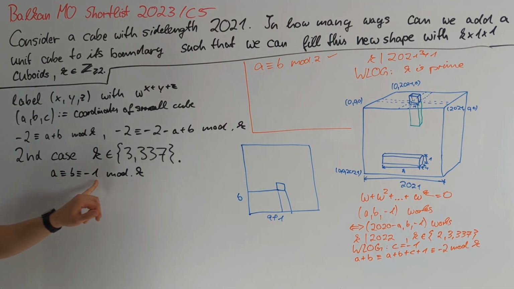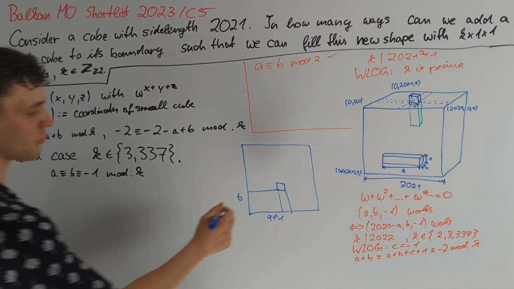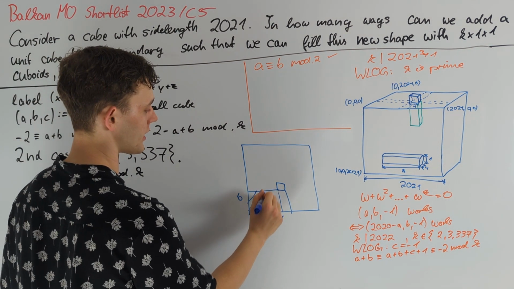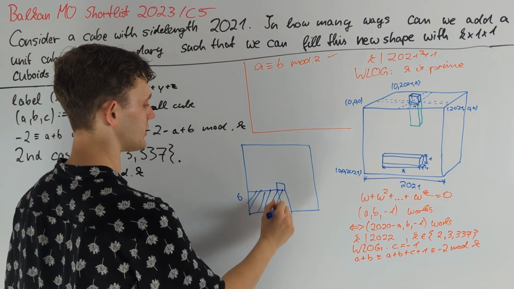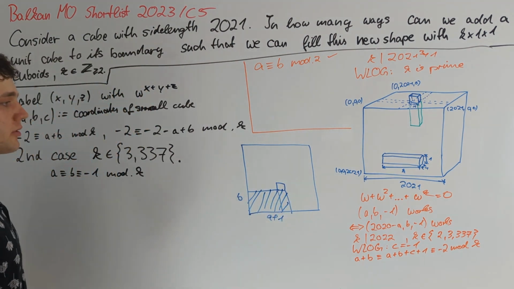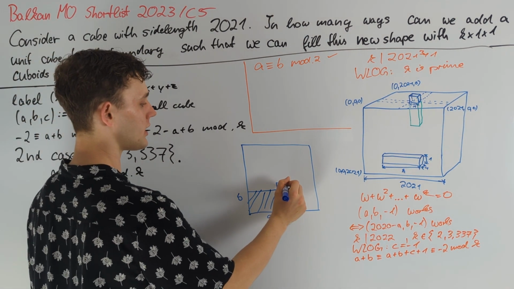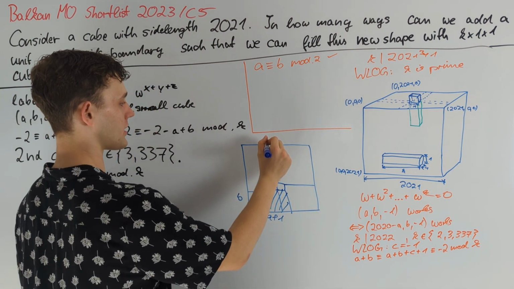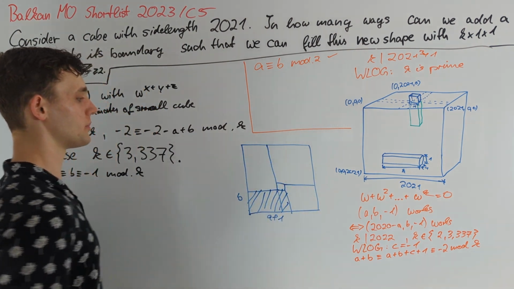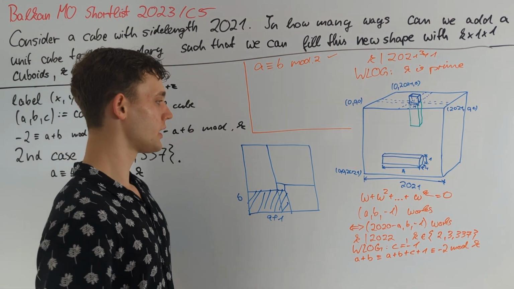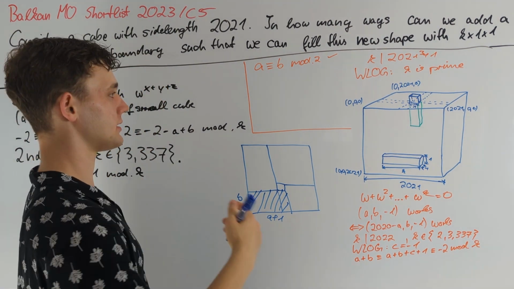Since a is congruent to minus 1 modulo k, we can cover this entire region that is projected to a rectangle using our cuboids. But now, since b is also congruent to negative 1 modulo k, we can proceed similarly and cut up the entire layer into those 4 pieces, which can be covered easily. And so this case indeed works.